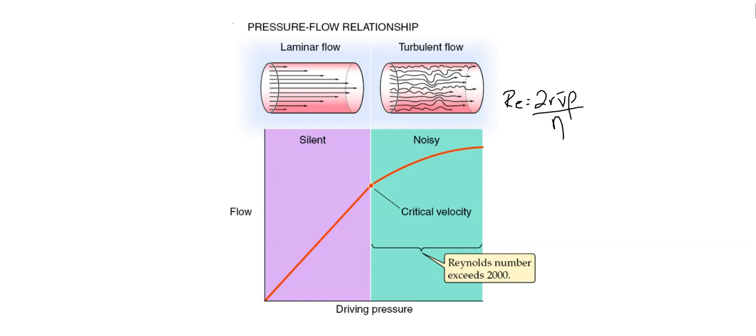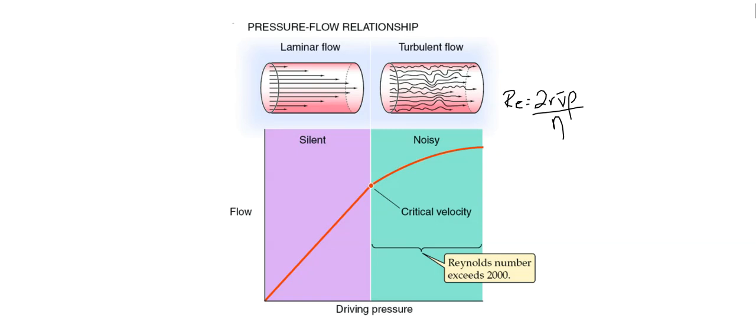It doesn't mean it's all turbulent at that point. You don't usually hit completely turbulent blood flow until you get a Reynolds number of about 3,000. So 3,000 is a pretty safe bet that all the blood flowing is under turbulent conditions.